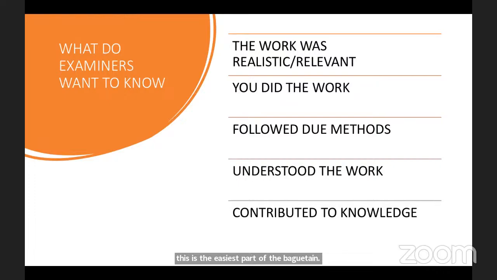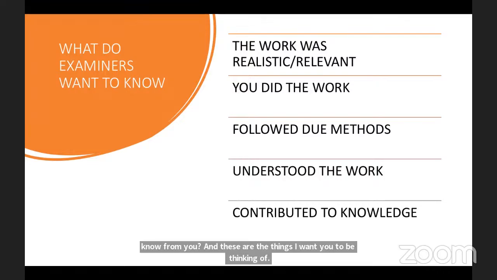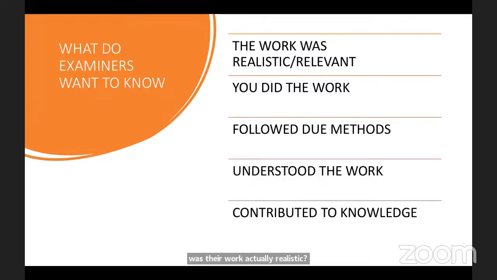What do they want to know from you? And these are the things I want you to be thinking of. Was your work actually realistic or relevant? I remember I told you the story of somebody telling me he recruited 80 people accurately matched in 6 months. Today I don't believe it and will never believe it. So if you do something that the examiner thinks is not realistic, you can't pass.